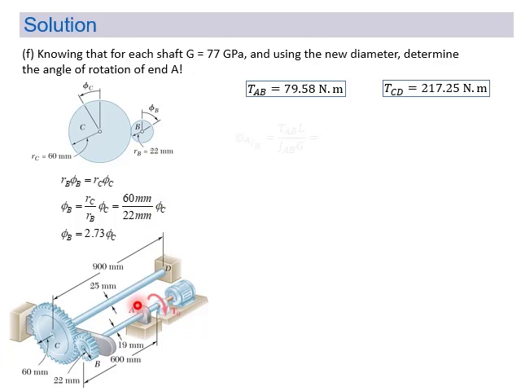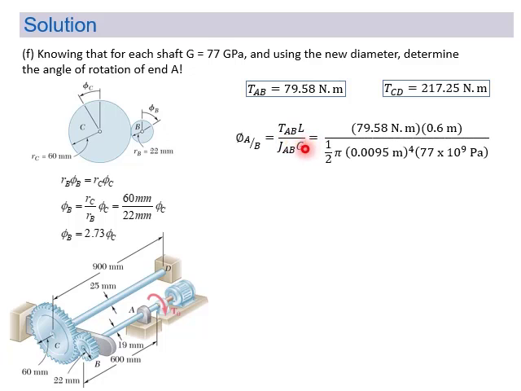First, we need to define the twisting angle of shaft AB. Highlight, I said twisting angle, not rotation, because the shaft is twisted here. The twisting angle of shaft AB is defined by TL over JG. T is the applied torque of shaft AB, so this is the value. L is the length of shaft AB, 600 millimeter or 0.6 meter.